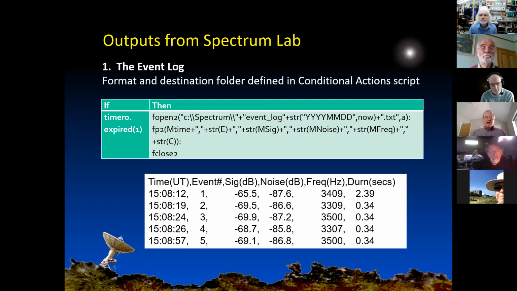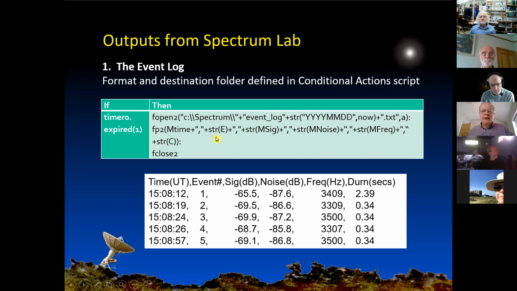Output from the Spectrum Lab, the conditional actions produces a text file, an event log of this format. I don't think there's anything new here. Obviously, different format, the same principles apply. We record a timestamp, and the event number.